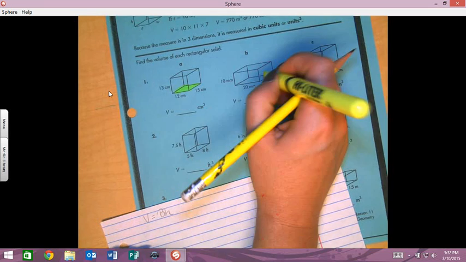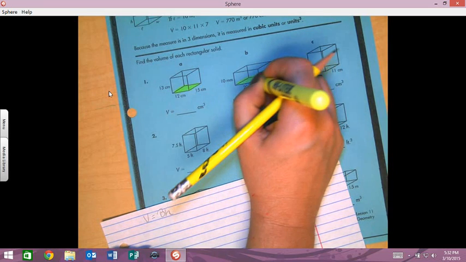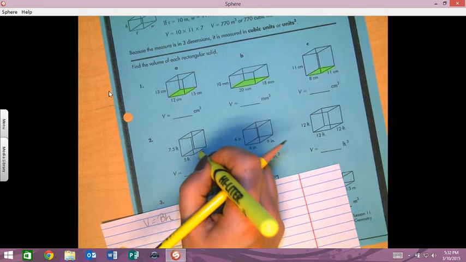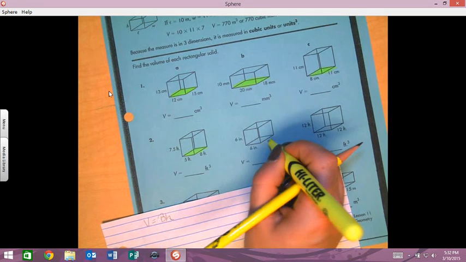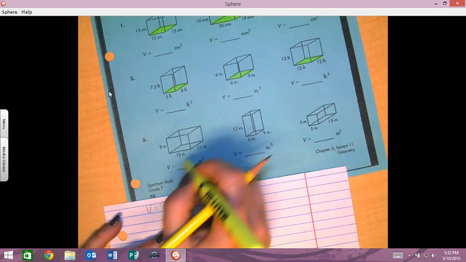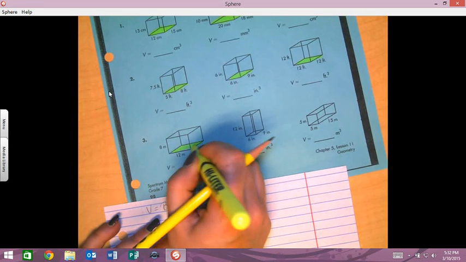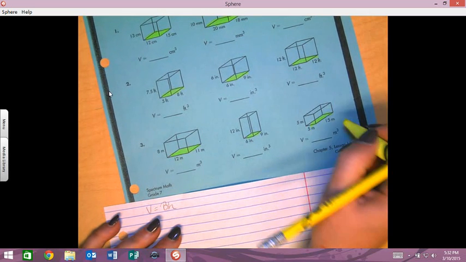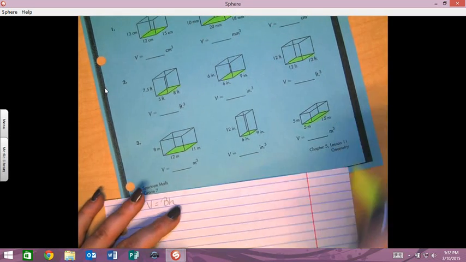So this is going to be base, this is going to be base, this is going to be base. Okay, so all these bottom ones are what are going to be your bases. And shading them in, I find, helps a lot. It helps you keep them situated in your mind as to what you're actually doing.